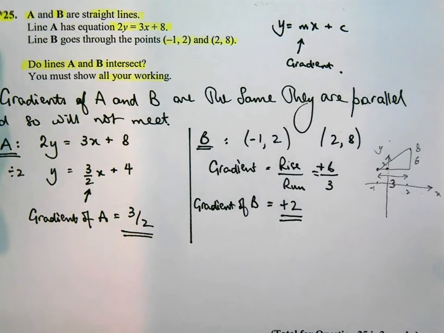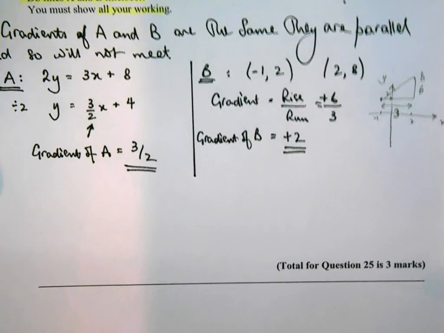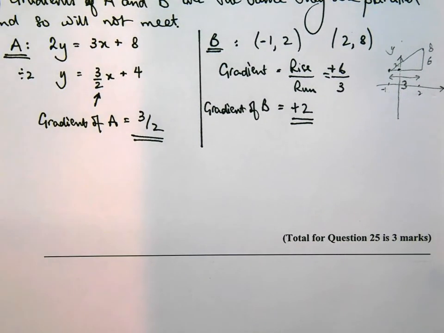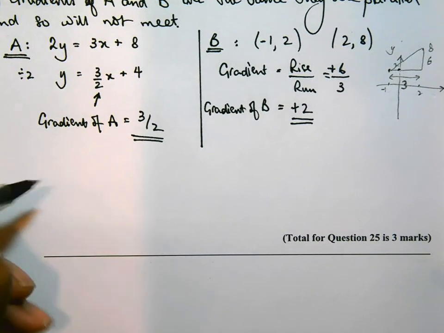The question says, do lines A and B intersect? Because their gradients are different, that means they're not parallel, and so they are going to intersect. And I'm going to write that in words.